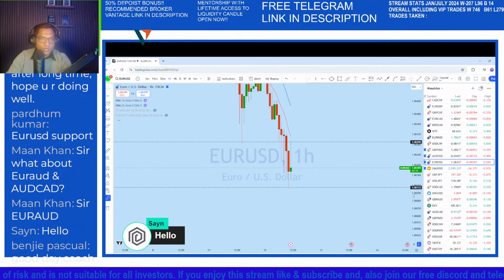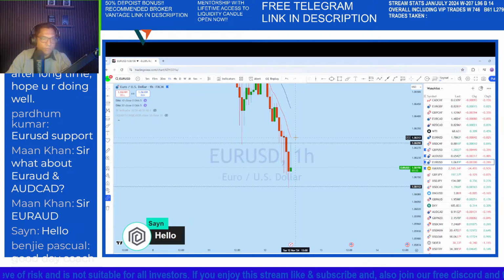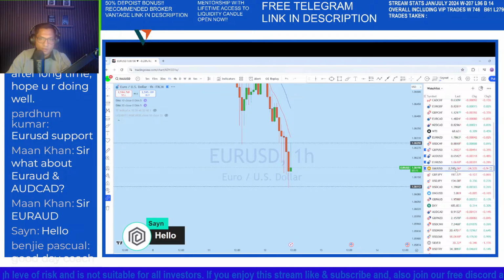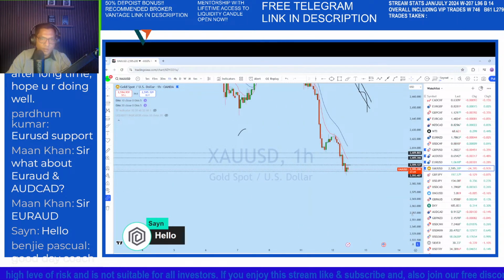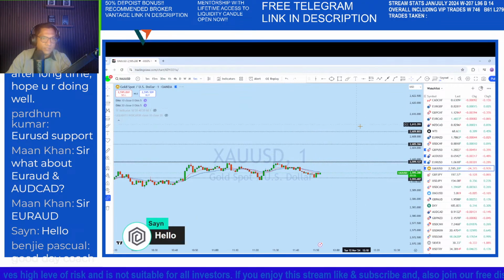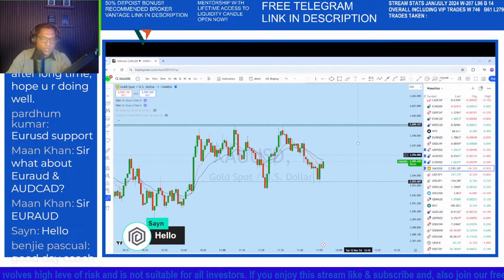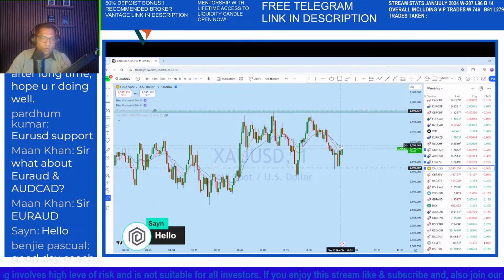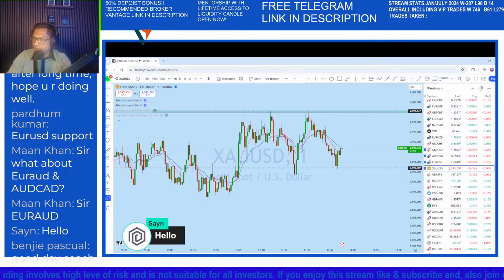This is the 1 hour chart. If it managed to bounce, we will be selling this instrument once we find it. In the meantime, let's keep an eye on USD again for movement to the upside.